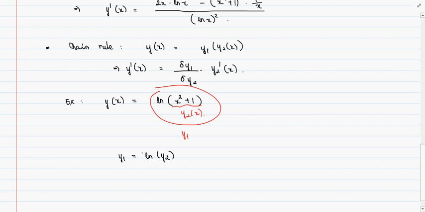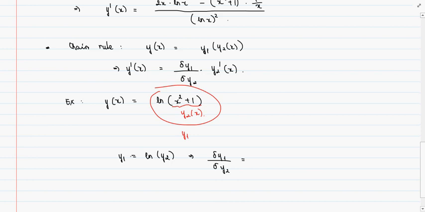So y1 is just the log of y2. When I differentiate y1 with respect to y2, remember, y2 is just a variable. We are not treating it as a function of x, we're treating it as a variable.